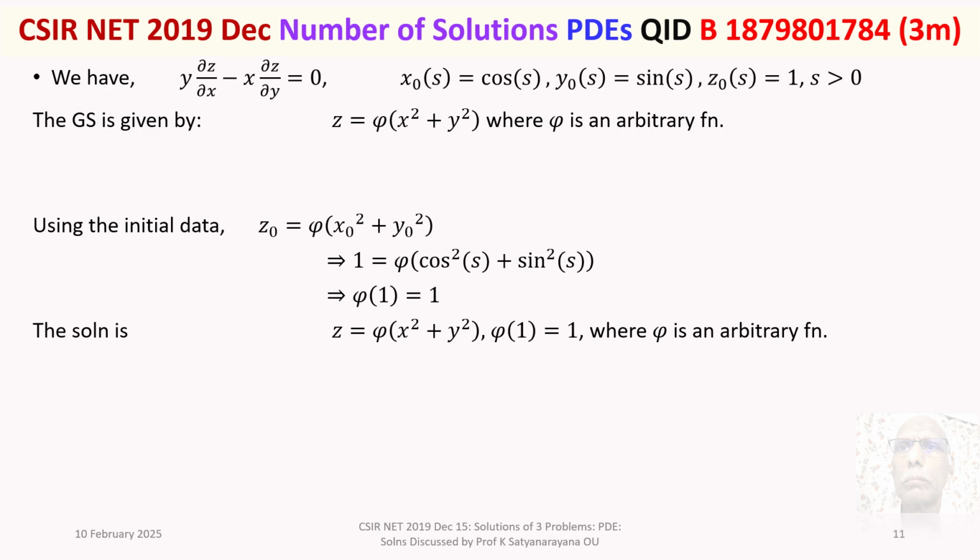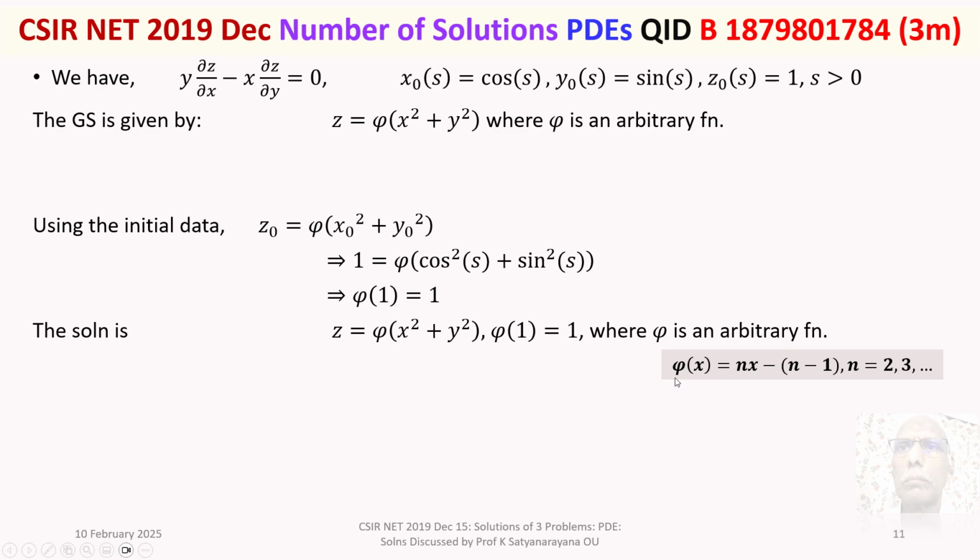Now, the question is, how many functions will satisfy φ(1) = 1? Look at this one: φ(x) = nx − (n − 1), where n takes the values 2, 3, 4, and so on.